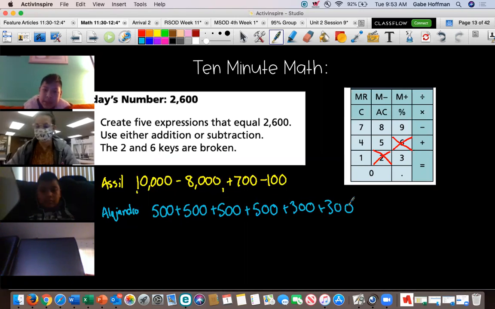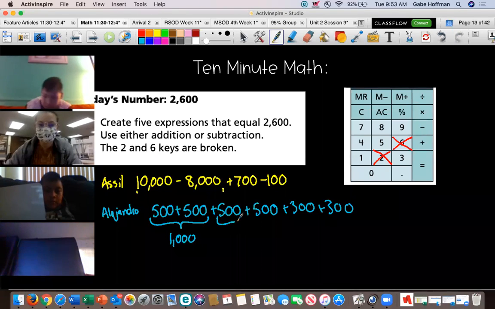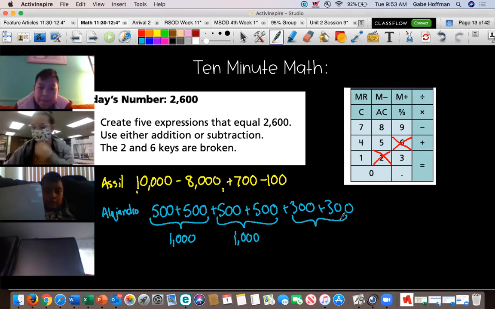Alejandro, you know what's 500 plus 500? 1,000. So we have 1,000 right there. And then we have another 500 plus 500. That gives us another 1,000. So 2,000. And then we have 300 plus 300, and that's 600. So then when we add 1,000 plus 1,000 plus 600, 2,600. Looks like it works. Nice job.